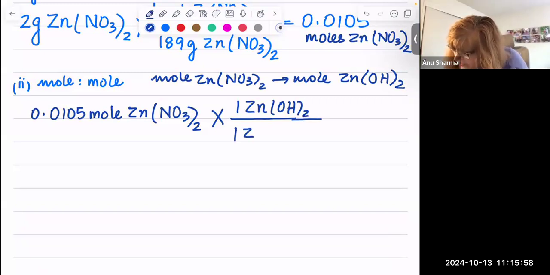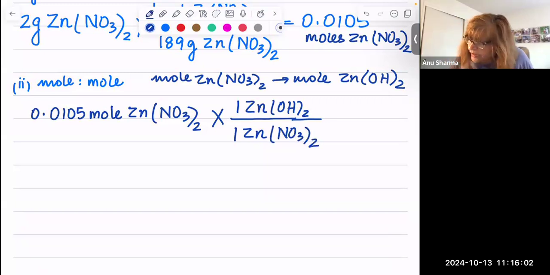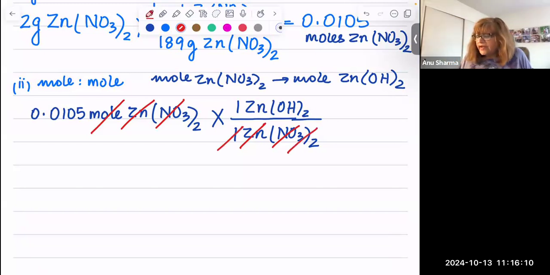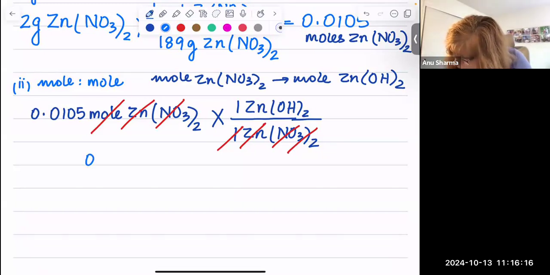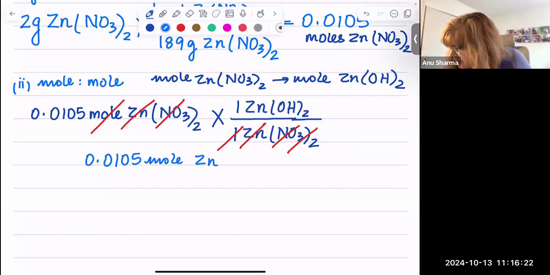And here is the zinc nitrate, NO3 whole twice. So now you see that the moles of zinc nitrate cancel out, and you are just left with the answer. It's a 1-to-1 ratio, so 0.0105 moles of zinc hydroxide.